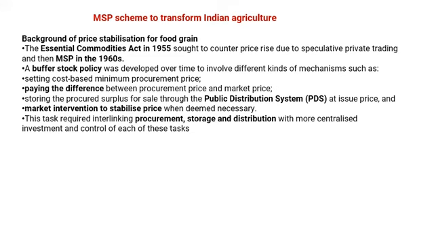So a buffer stock policy was organized, and they thought that for poor people, it is not possible to get food at a higher rate. So they thought at least they'll pay the difference between the procurement price and the market price.